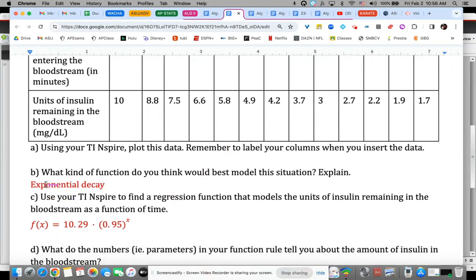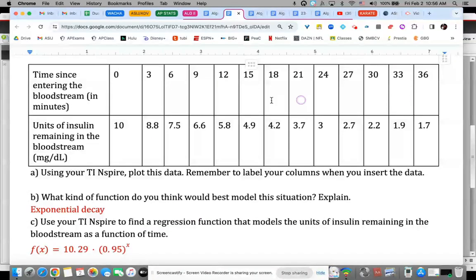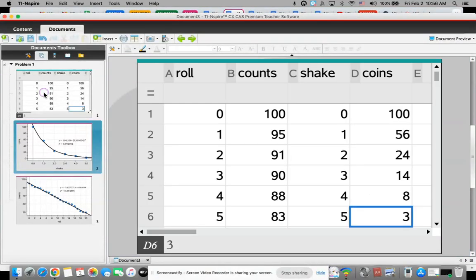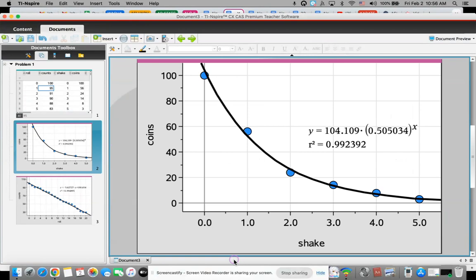This says use your TI Nspire, right? So we've done this in the previous video. You just go and get a spreadsheet and put these numbers in the spreadsheet. Make sure you label the headers. Graph it out, right? So we did something like this before. Get a spreadsheet, put in your headers, put in your numbers, and then insert a data and statistics page. So you have to go plus page.